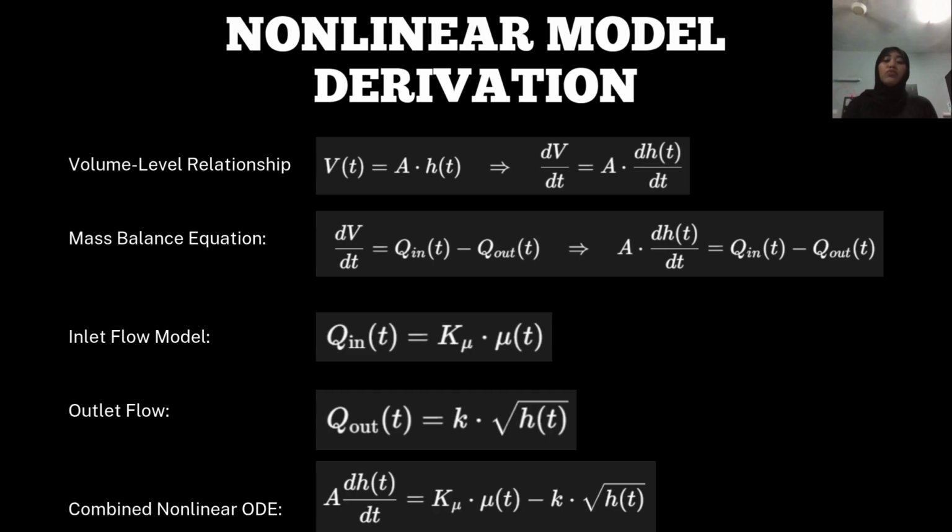Then, accumulation of water in the drum is equal to the inflow minus the outflow. By substituting the flow expressions, we obtain the nonlinear first-order differential equation as shown on the slide. The equation captures how the water level inside the drum changes in response to the feed water valve and outflow.